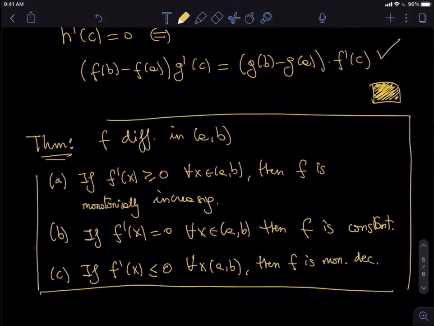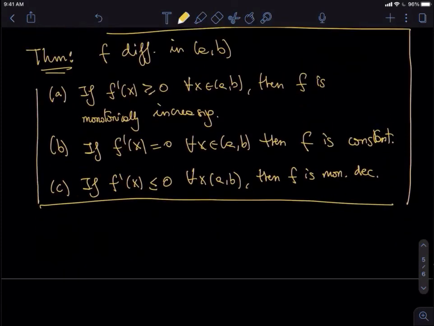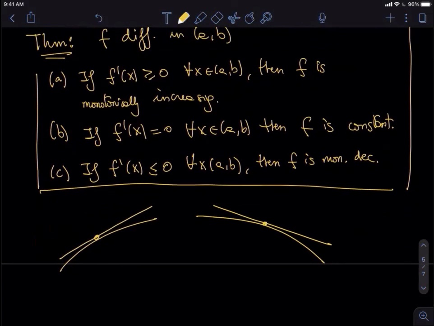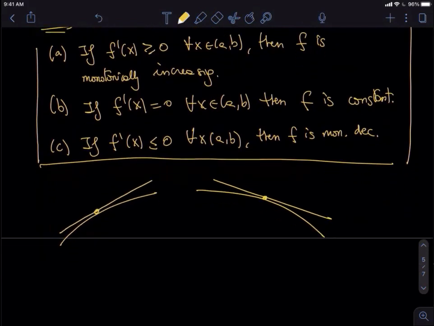Okay, interpretation here is clear in terms of tangents. When we have a tangent that is positive, then the function is increasing. If we have a tangent that is negative, then the function is decreasing. Okay, but for proof, actually we use the mean value theorem. The proof is very easy.